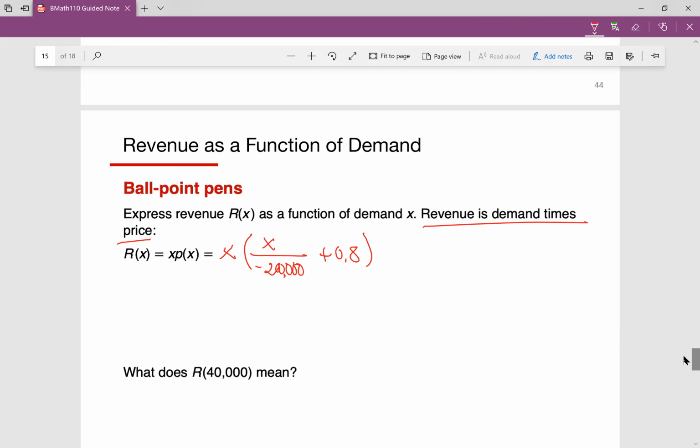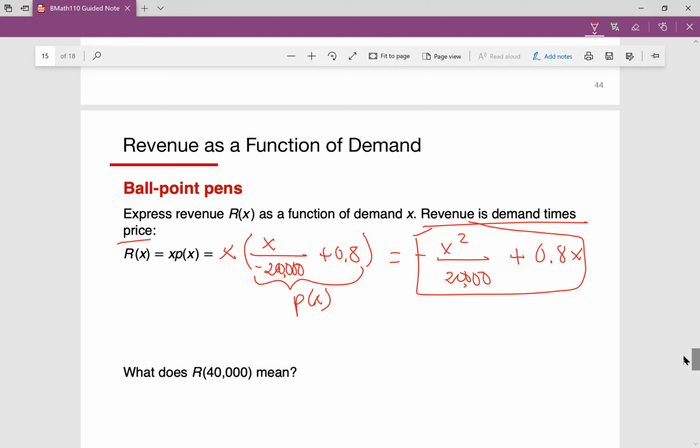Remember that this is P of x. And if you distribute, you're going to have negative x squared over 200,000 plus 0.8x. That should be the function of revenue.